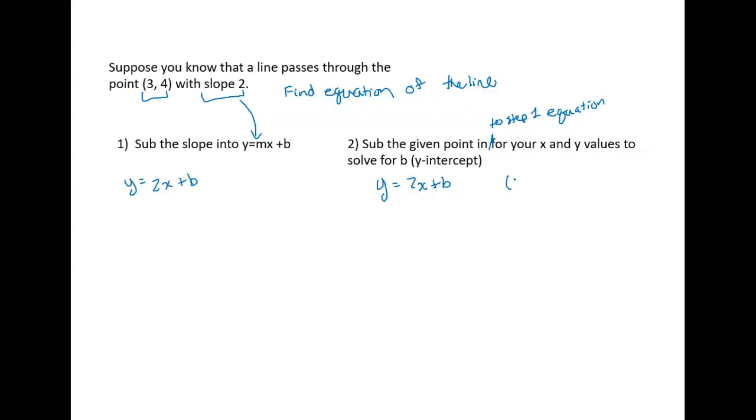Now my point I was given is 3, 4. So this is my x and y value. That was given in the question, right? That was given up here. So I've labeled it so that I know where my values go. So I'm going to sub in. I'm just going to pick a different color here. I'm going to sub in for y and for x using those values.